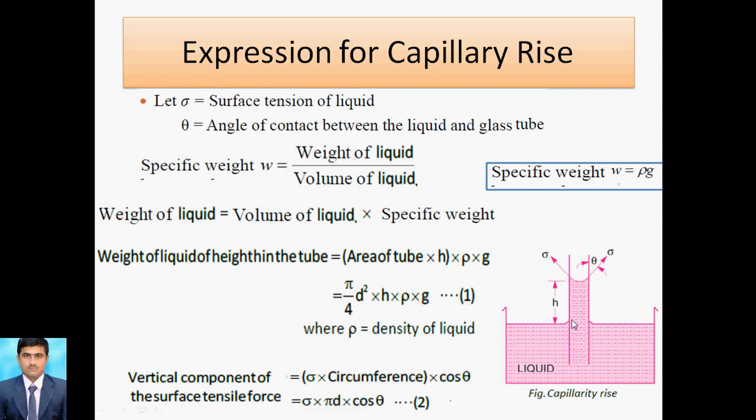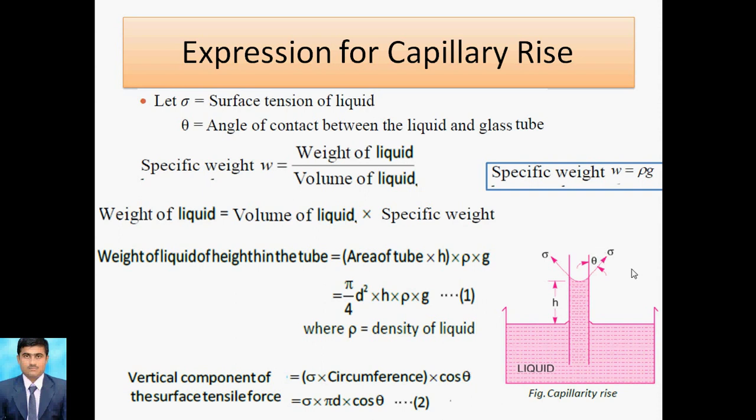And second, for the vertical component, this is about the surface in contact with the tensile force, which becomes sigma into pi d. I had discussed the effect of surface tension, so we take sigma into pi d but into cos of theta, because this component is resolved in the horizontal.